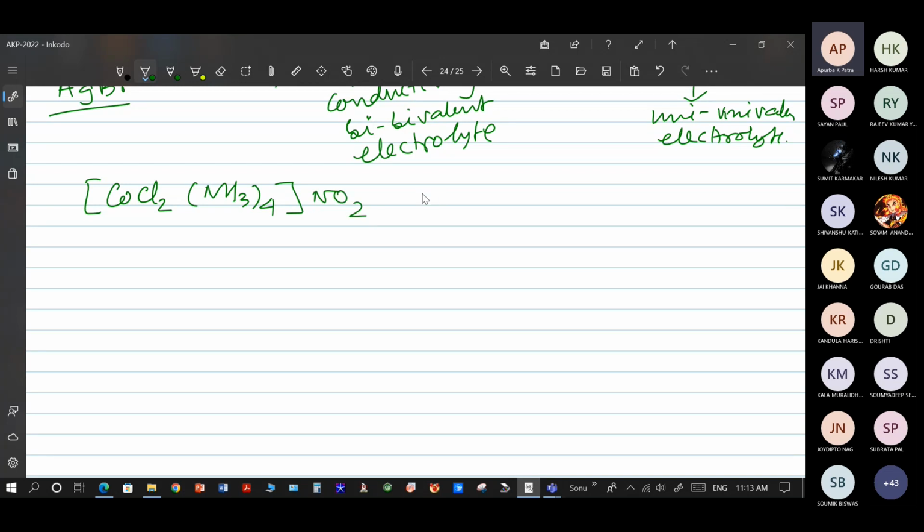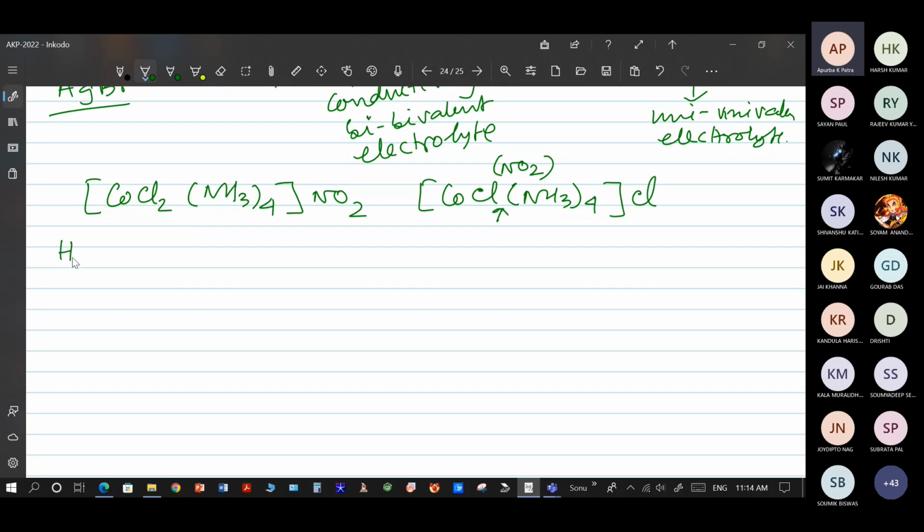And here, cobalt Cl, then NH3 whole 4, and I think before this one I have to put the NO2, and then Cl. So here AgCl precipitation will occur, but in this case AgCl precipitation will not occur. In this way you can figure out whether it is bound to the metal center or not. So that is ionization isomerism.